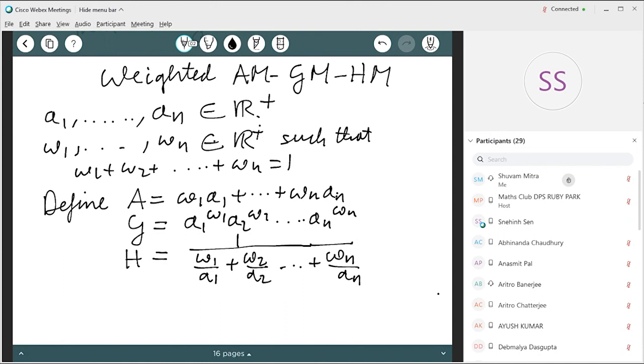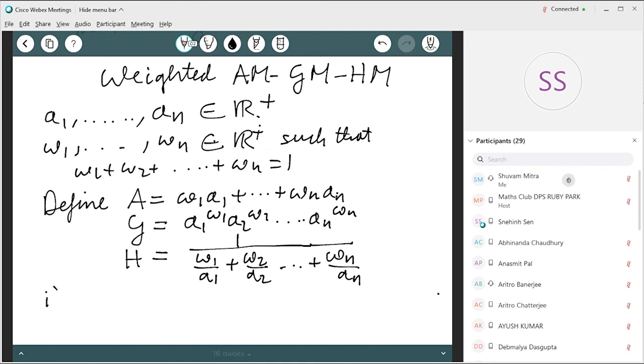If you have two copies of A1, it's 1 by A1 plus 1 by A1, so it's 2 by A1. That's why this W1 comes atop A1.